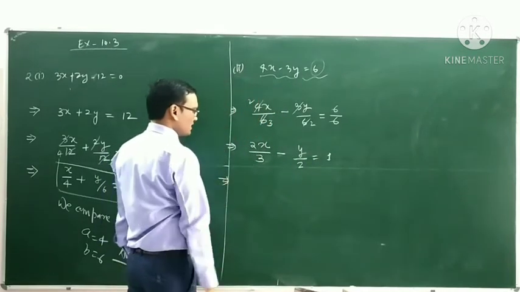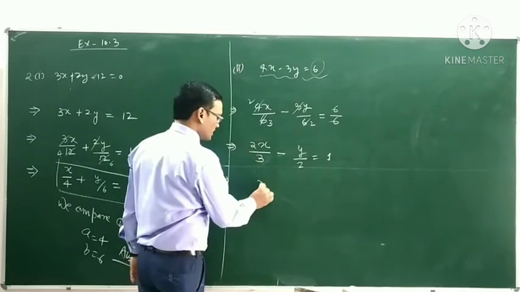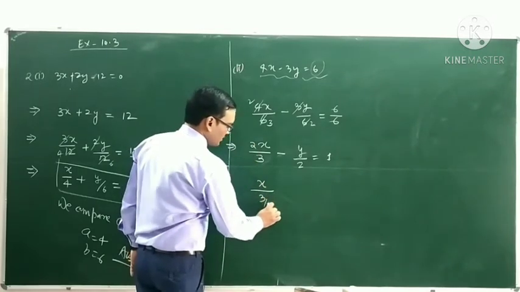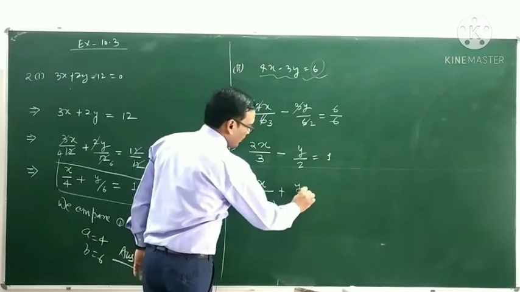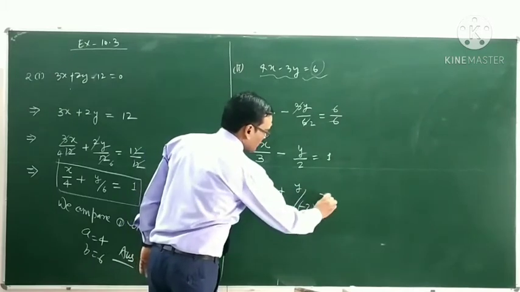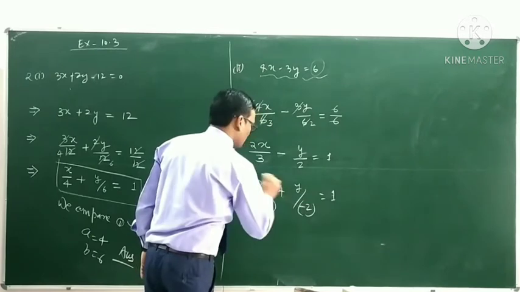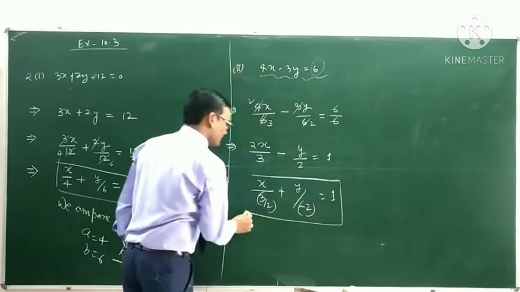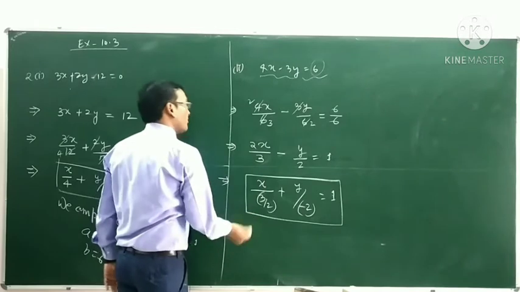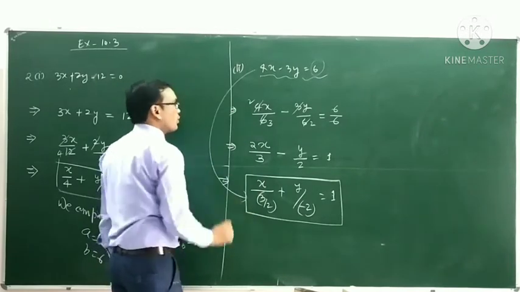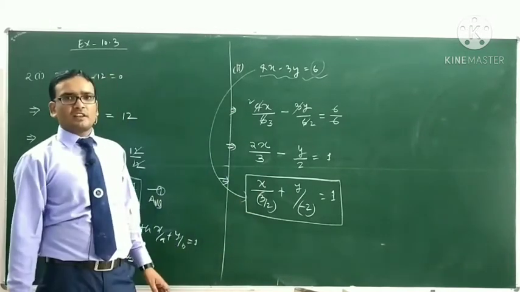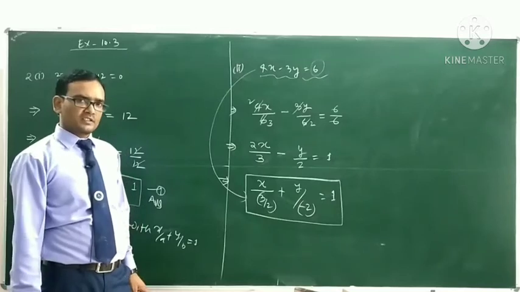This equation is also written as x by 3 by 2 plus y by minus 2 is equal to 1, which is the intercept form of equation 4x minus 3y is equal to 6.